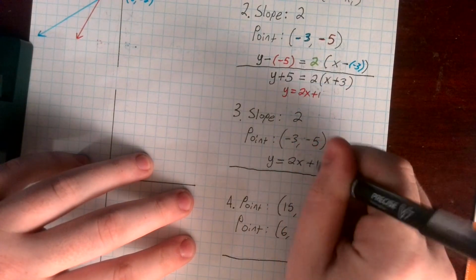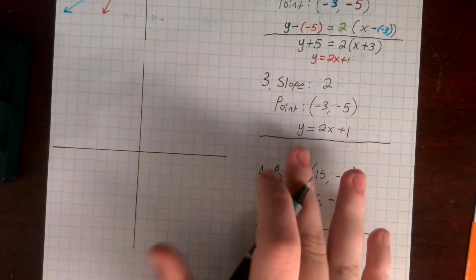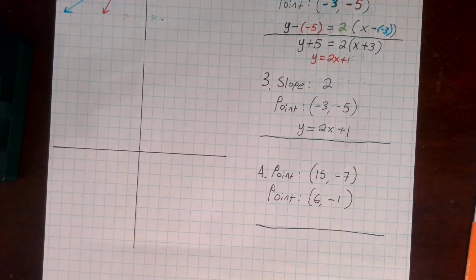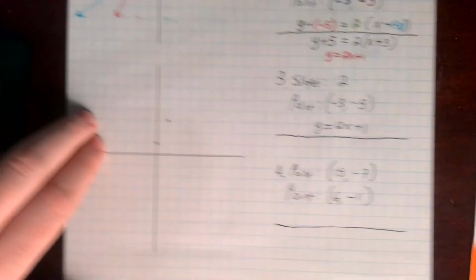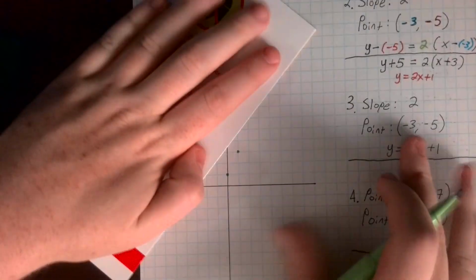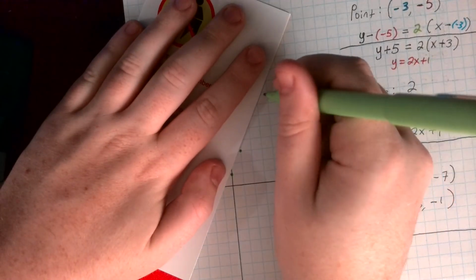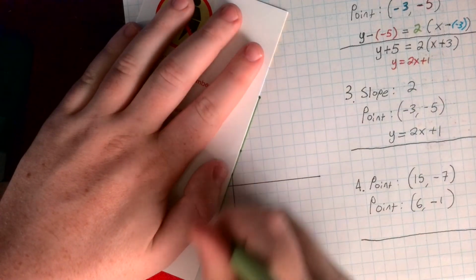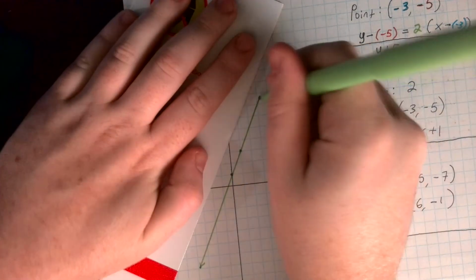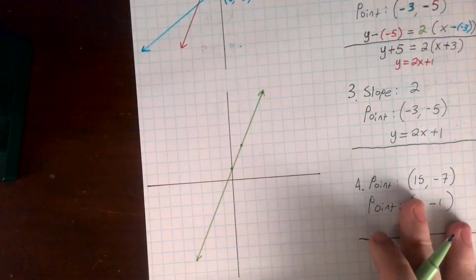An alternative way of finding an equation when you know a slope and a point is to plug everything in and solve for b. Of course, the line is going to look the exact same as before, so I'm not going to waste everybody's time with showing you how to do the slope again. It's the same one, where you start at 1, you go up to over 1. This is the same line as the red one up above.